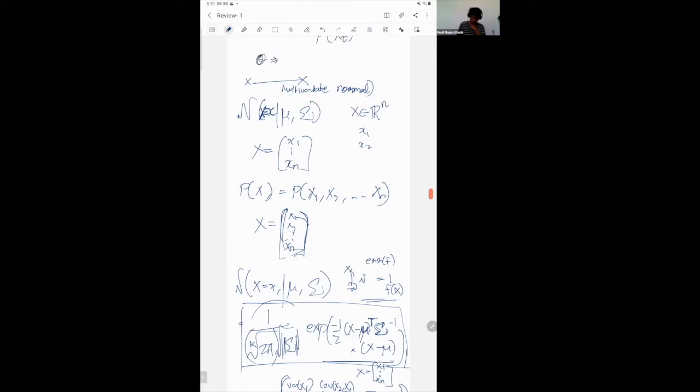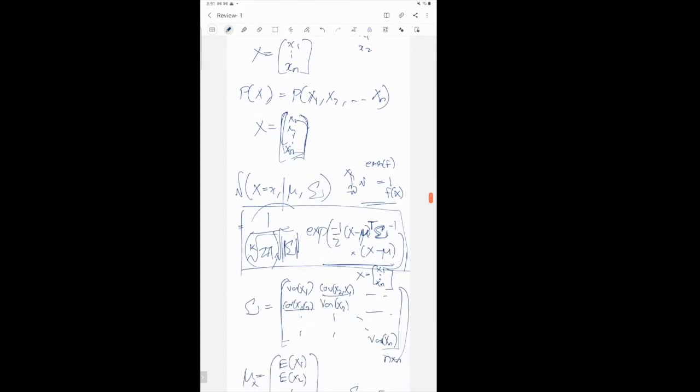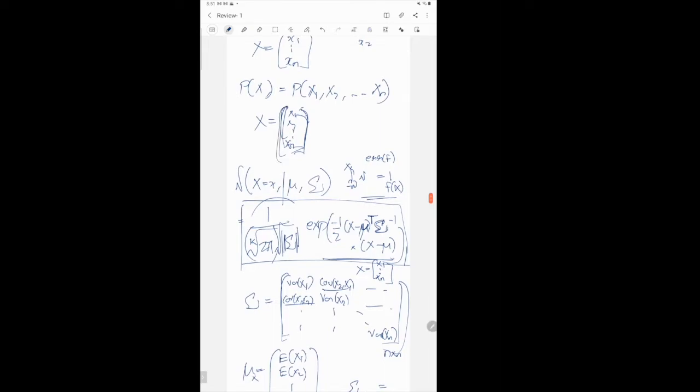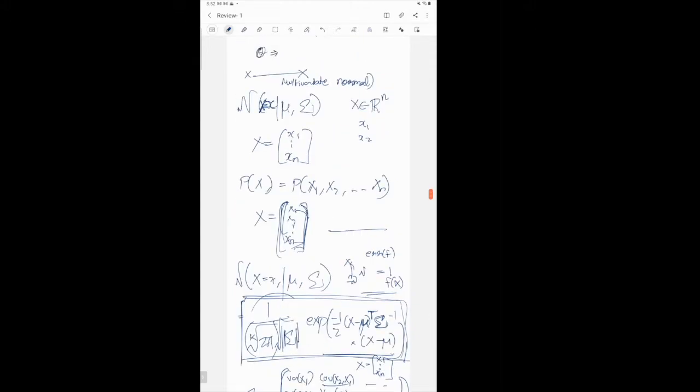And so when you say that p of x is the probability, is that the joint probability of all the univariate random variables, or is that the data point? I'm talking about the equation before: probability of x is the joint probability of x1, x2, xn.